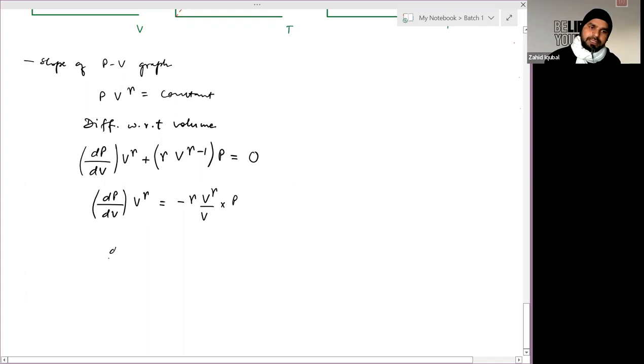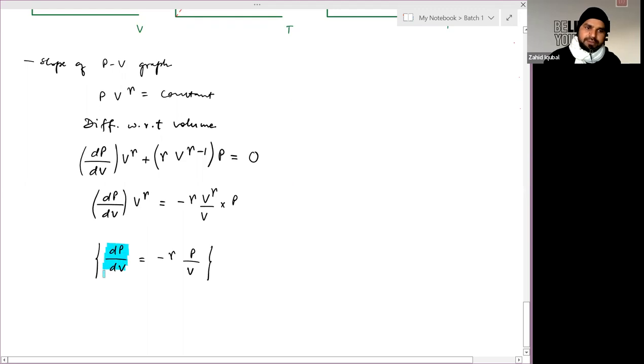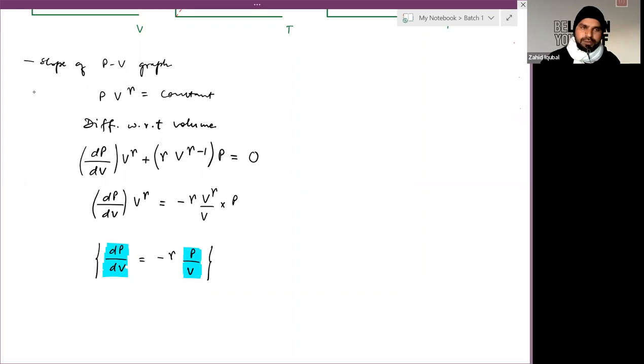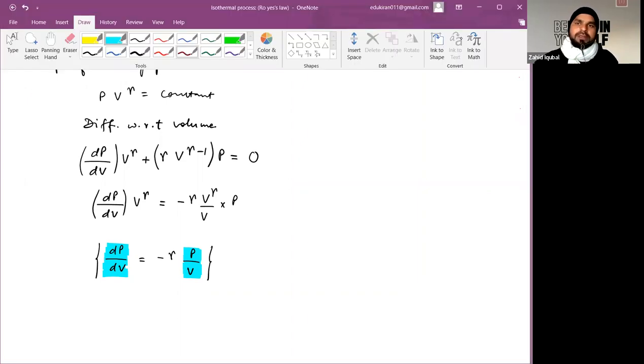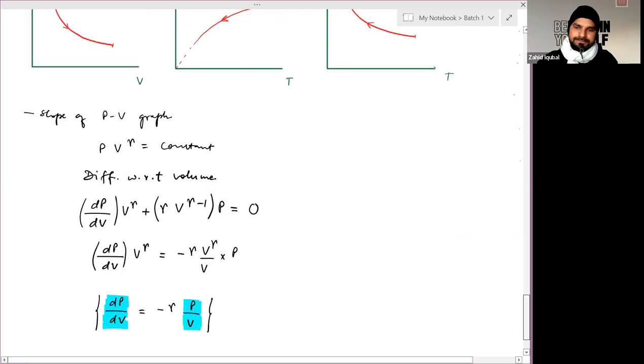So you'll get dP by dV equals to minus of gamma P by V. So from this part, we can say slope of PV curve for adiabatic process is gamma times P by V. You will be asked how this particular slope is related with isothermal process. Let me just show you.